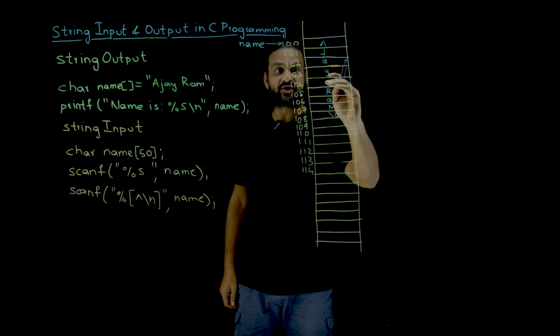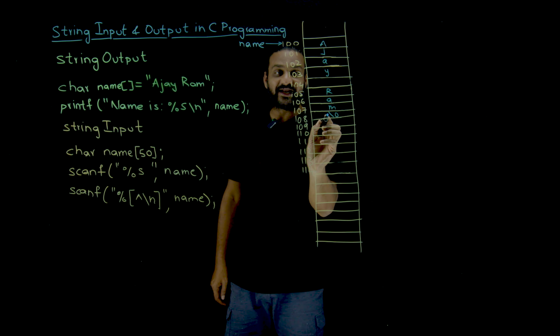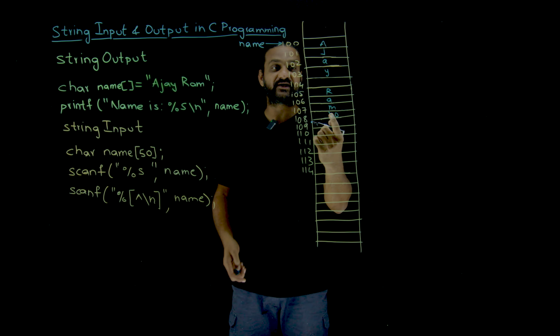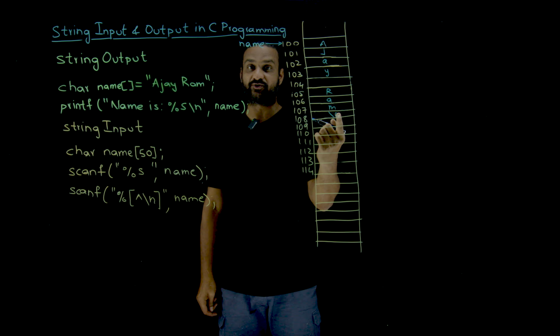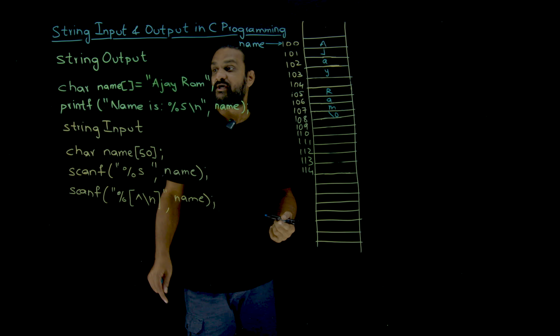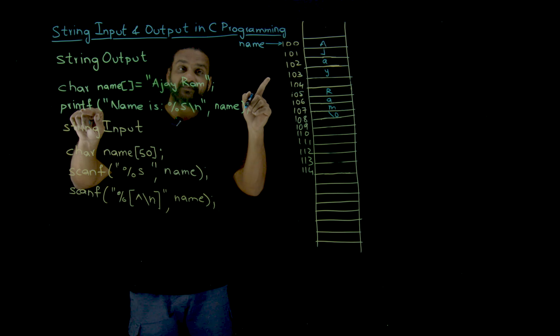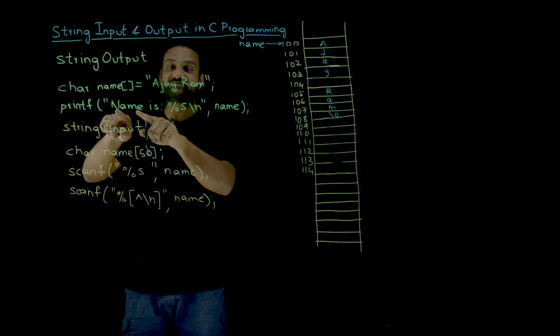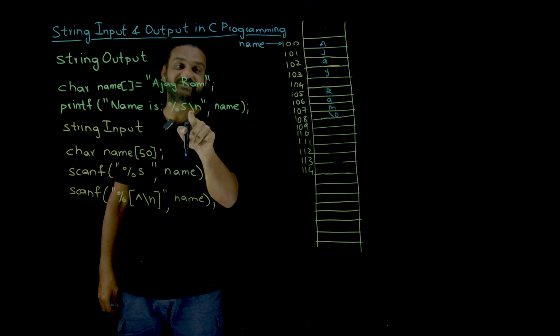The last memory location gets filled with \0, which is a null character. Now if I want to print the name stored in memory, I use this printf statement: name is %s.